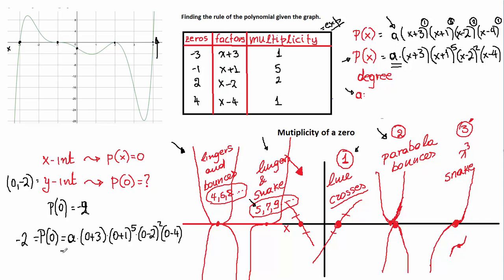Okay. Now I simplify that and I have -2 is equal to a times 3 times 1 to the 5th, that is 1, times -2 squared, that is 4, times -4. So this means that I have -2 equals a times 3 times 4 is 12, 12 times 4 is 48, minus 48.